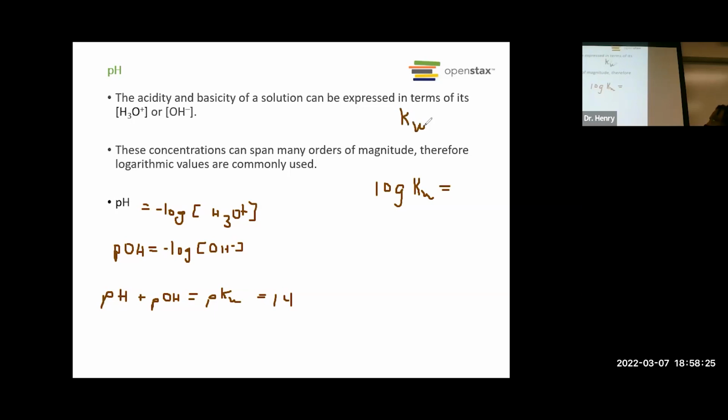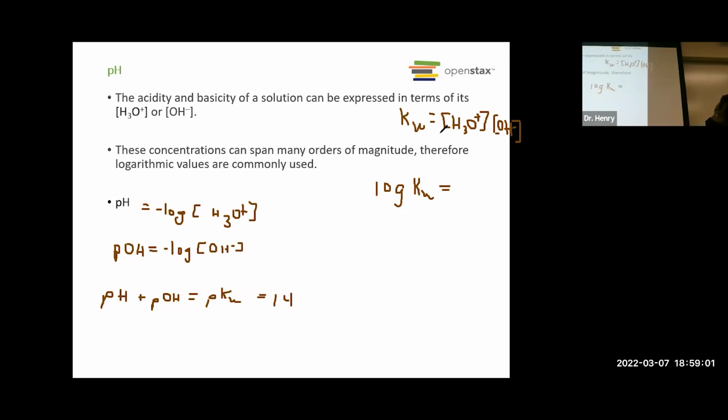Kw equals the concentration of H3O plus times the concentration of OH minus.